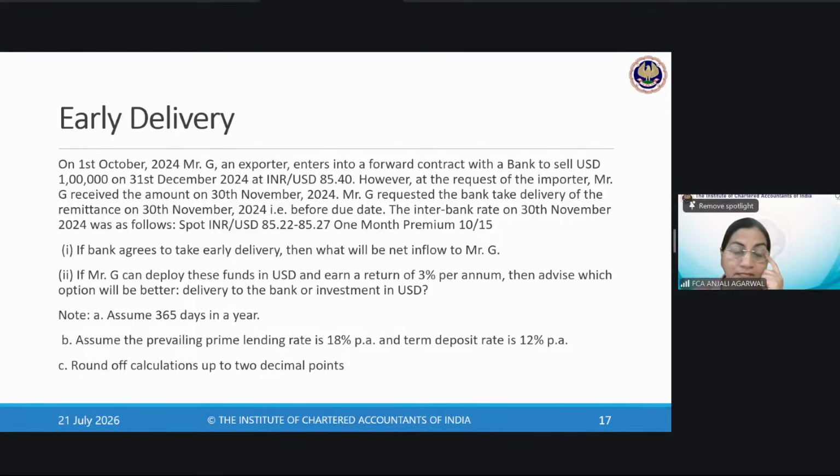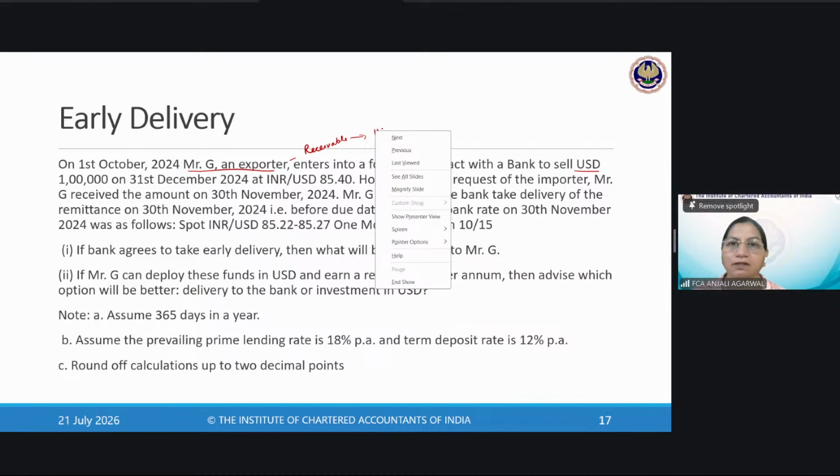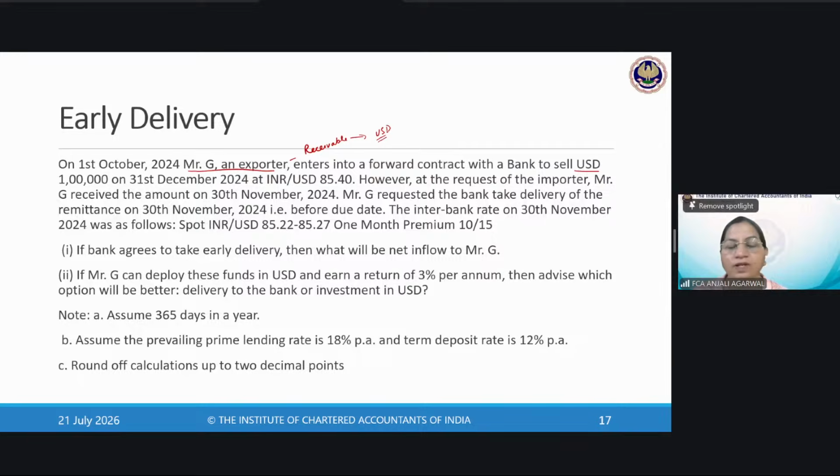Obviously, an exporter in India will be having receivables, and he enters into a contract with the bank to sell USD. That means he has exported to the US, so he has USD receivables. What he will do with the USD receivables, he will sell them to the bank in India.